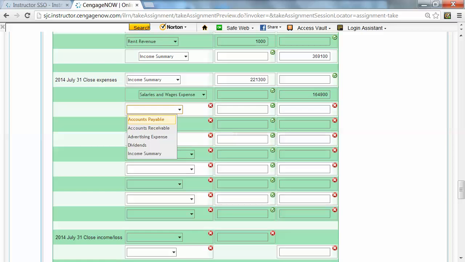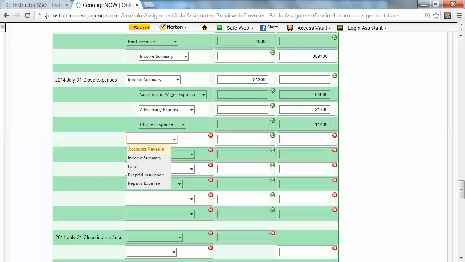My next expense account was advertising. I'm going to credit that for $21,700. My next expense account, utilities, and I'll be crediting that $11,400. So I'm bringing each one of my expense accounts now to zero, and that's the purpose of what I'm doing.